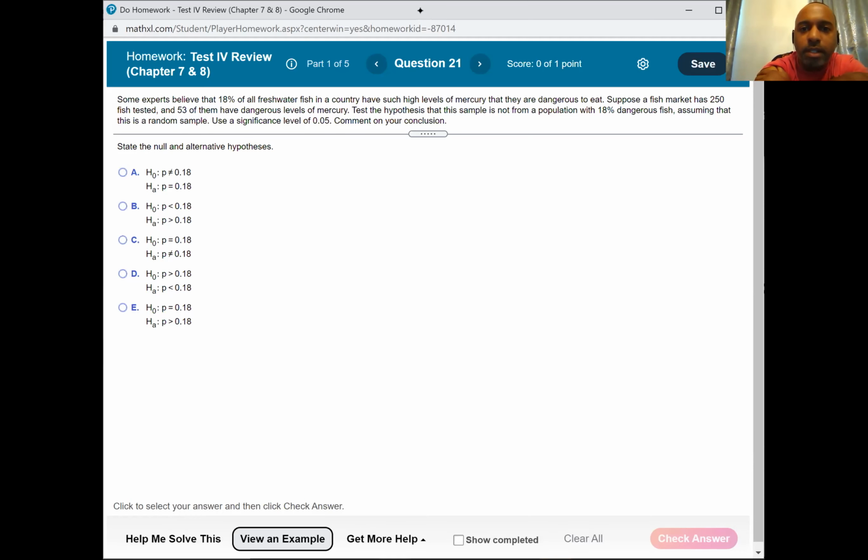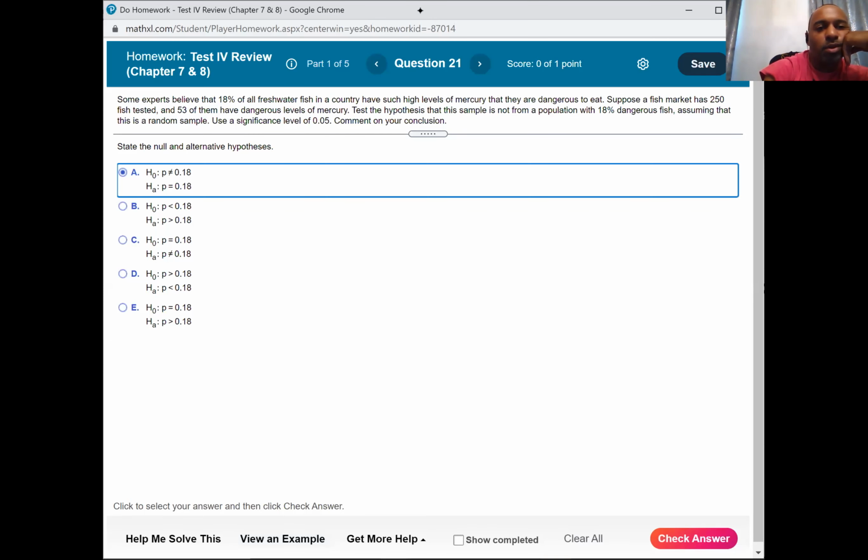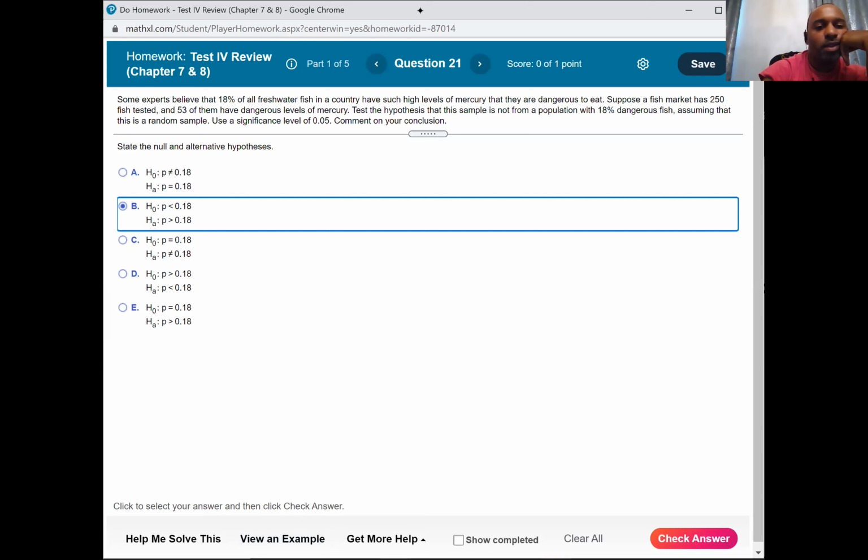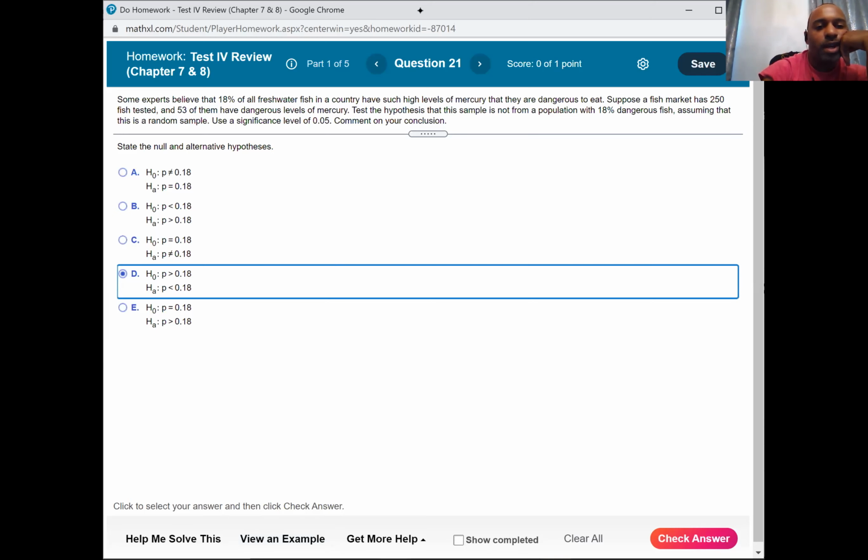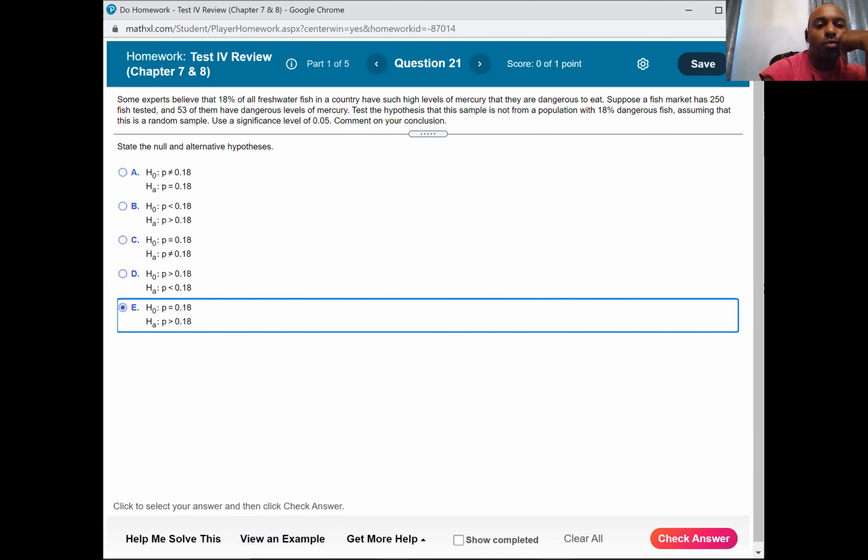Okay, so we want to test the hypothesis that this sample is not from a population with 18%. So we know A cannot be it because remember your null hypothesis always has an equal sign. B can't be it either. Neither can D. So it has to be C or E. Remember, your null hypothesis, H naught, always has an equal sign.